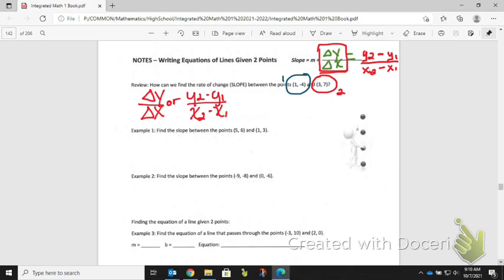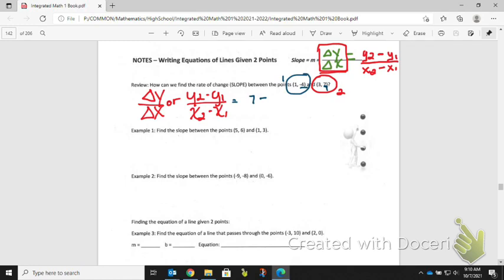So my y value of point 2 is going to be 7. So the y value of this point is 7, minus my y value of point 1, which is -4.